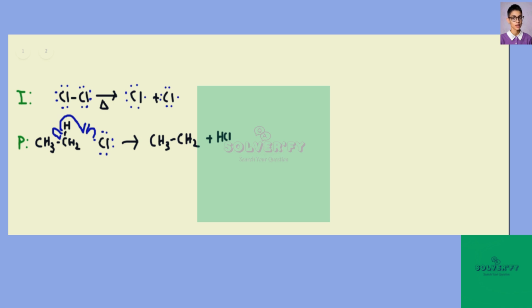I'll just erase this because I want to fit the second part of this step on this line. Just understand that HCl is also produced here, but we'll just look at the active species. We now have a radical on one of our carbons, and that's going to react with another equivalent of chlorine gas, Cl2.